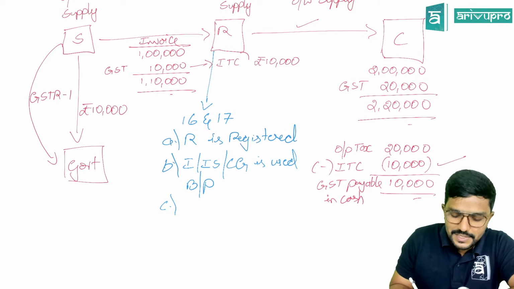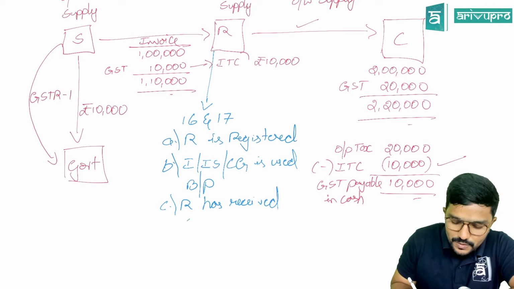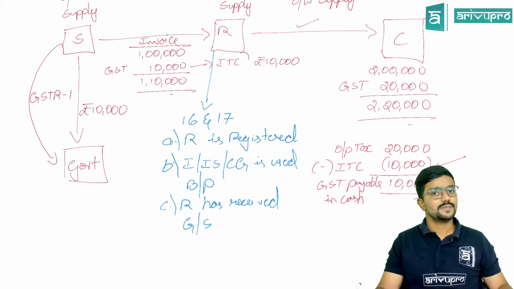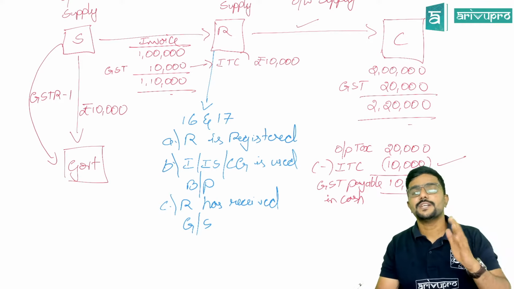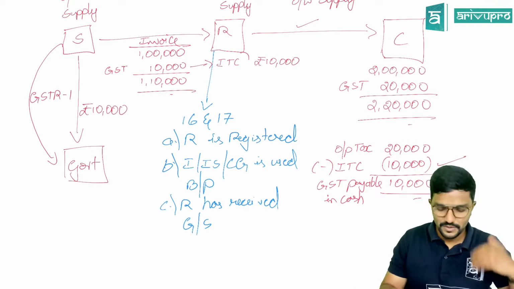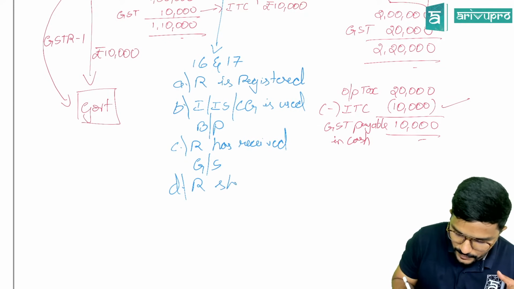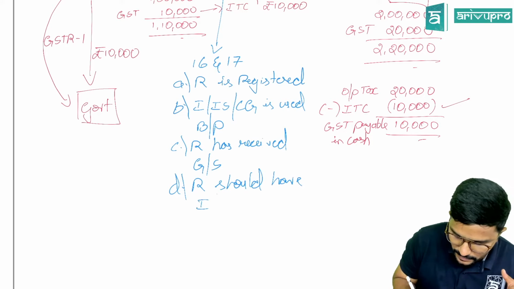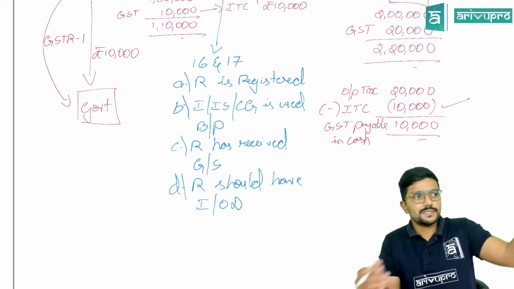Next, the recipient has received the goods or services. Whatever he has purchased, he should have actually received it. Okay, sir. It should not be something like a dummy purchase. Next, the recipient should have the invoice or other document that the supplier has issued.